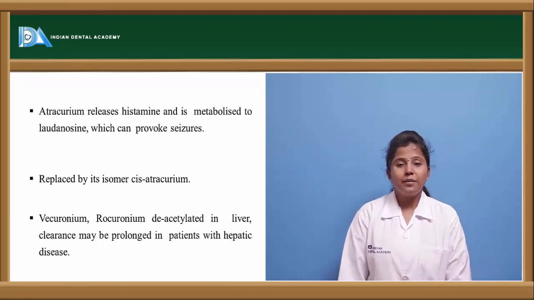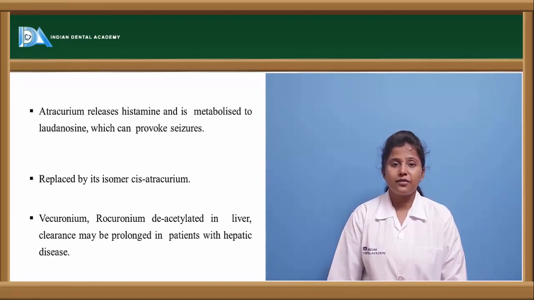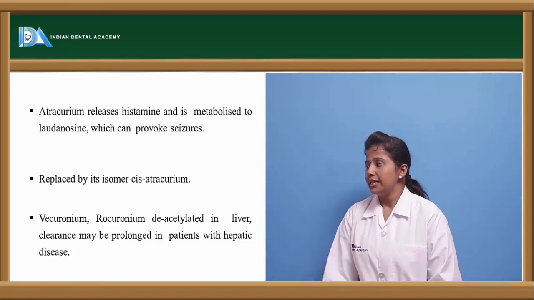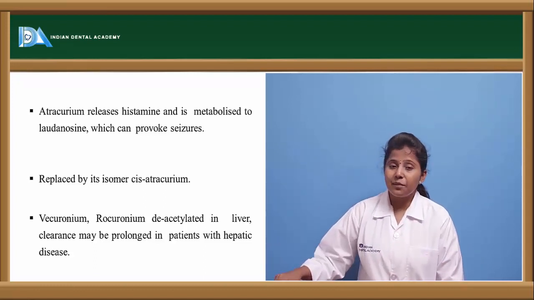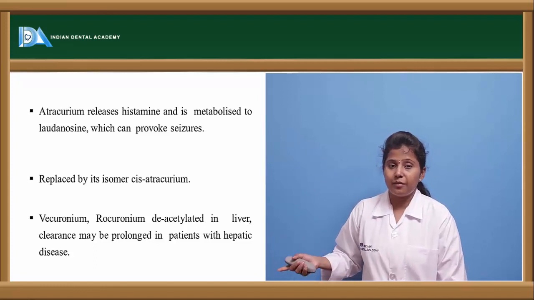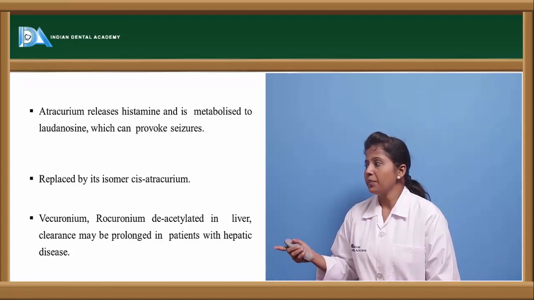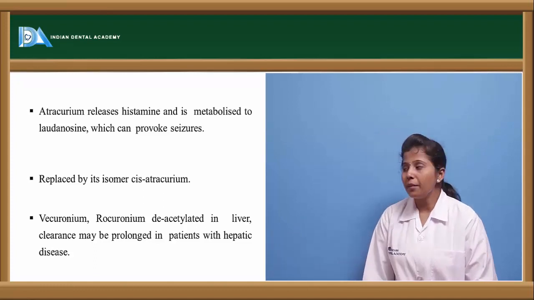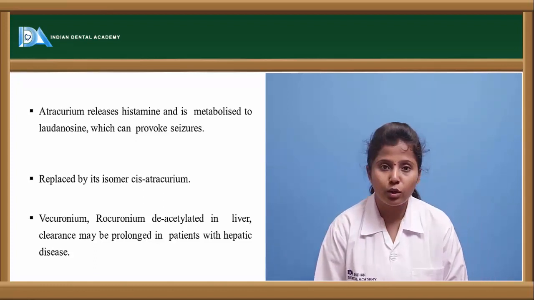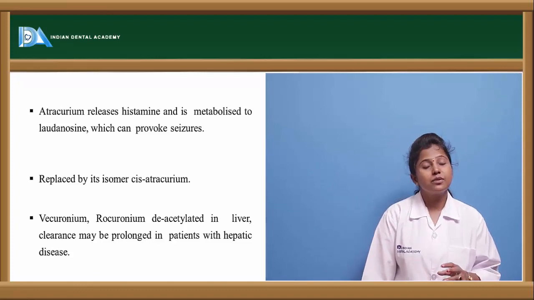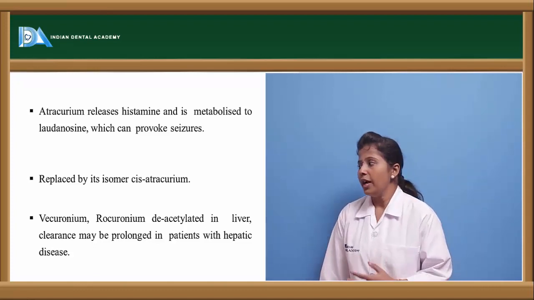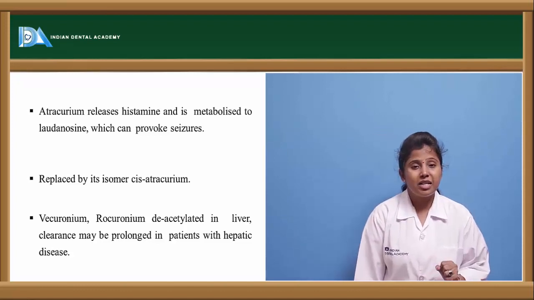This atracurium also has one characteristic feature. All the neuromuscular blocking agents have the characteristic feature to release histamine. But the histamine which is released by this atracurium, because of that it is getting metabolized and forming a compound called laudanosine. This is the metabolic compound formed because of the metabolism of atracurium, and that is leading to seizures.